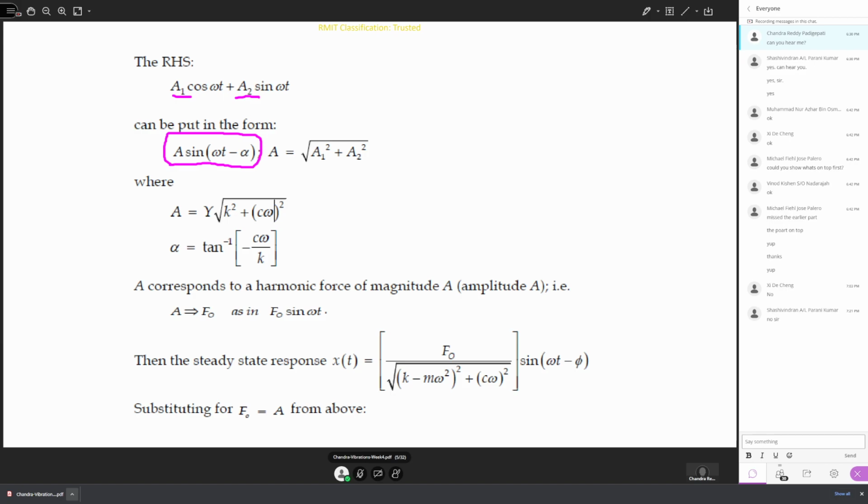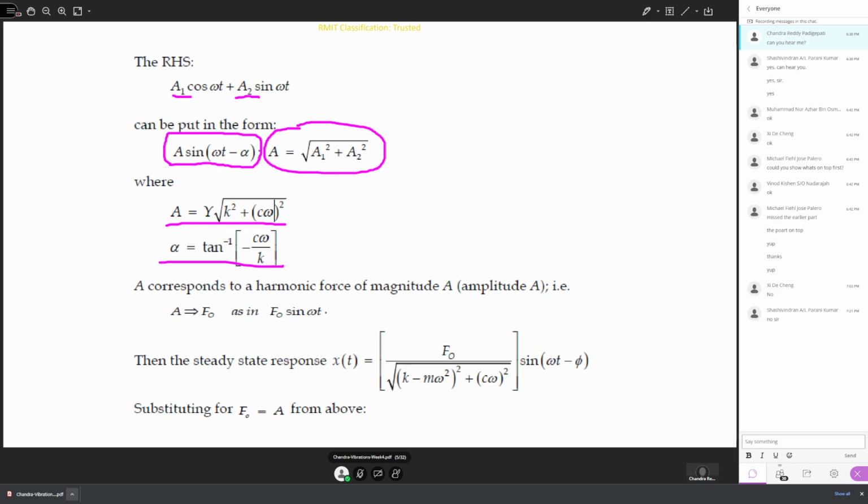The A we can write as the square root of A1 squared plus A2 squared. We have seen this derivation for A under forced vibrations. And for the phase, I gave you this equation; we discussed this equation in the last session. The same equations are shown here.